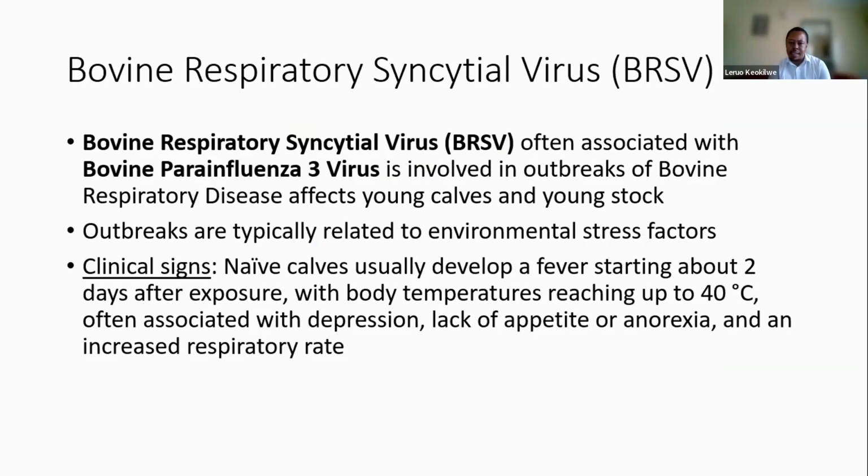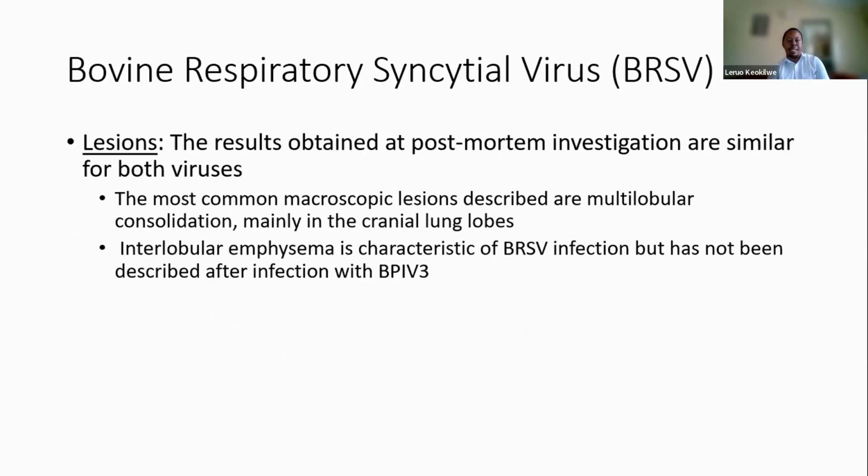So the clinical signs that you may see is the fever first will develop, a very high fever reaching 40 degrees Celsius, depression, lack of appetite and anorexia, and of course the respiratory signs when you have bovine respiratory syncytial virus infection. The lesions at postmortem are similar for both viruses, bovine parainfluenza 3 virus and bovine respiratory syncytial virus.